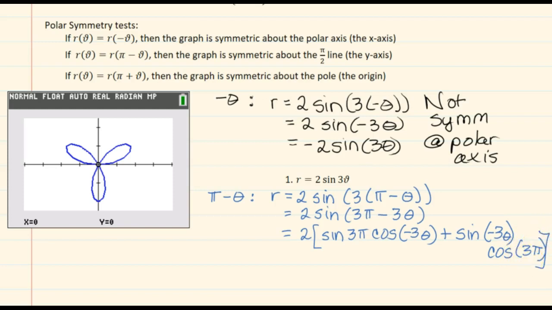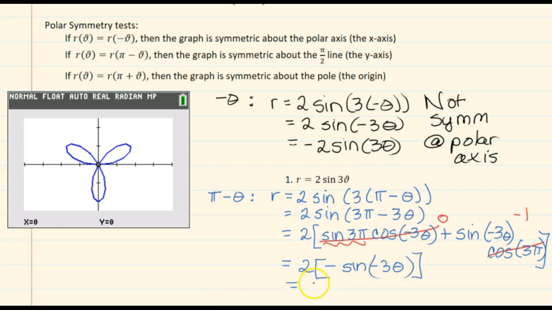So let's see if we can simplify some stuff here. We know that sine of 3 pi is equal to 0. We know cosine of 3 pi is equal to negative 1. So our equation now becomes 2 times a negative sine of negative 3 theta.